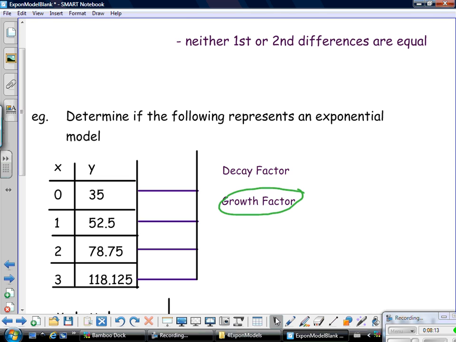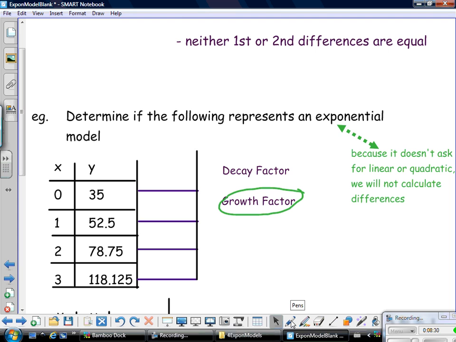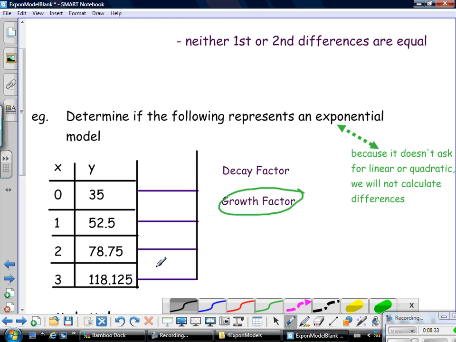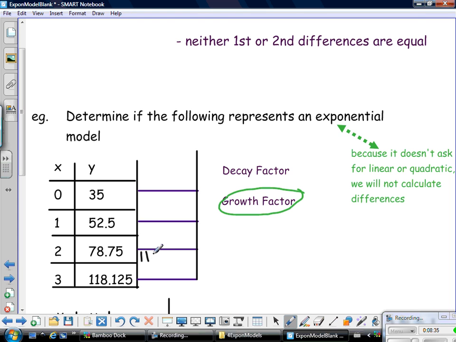Another thing I was just going to point out is that it doesn't ask for linear or quadratic. I said it, now I've written it down for you. Now, when I'm looking at this here, again, I don't have tons of room, but I want you to write this down so that you have this in your notes for when you go to do it. Okay, so if I take the 118.125, and sorry, there are so many decimals, to determine whether there's a factor, I'm going to divide it by the one before it, which would be 78.75.